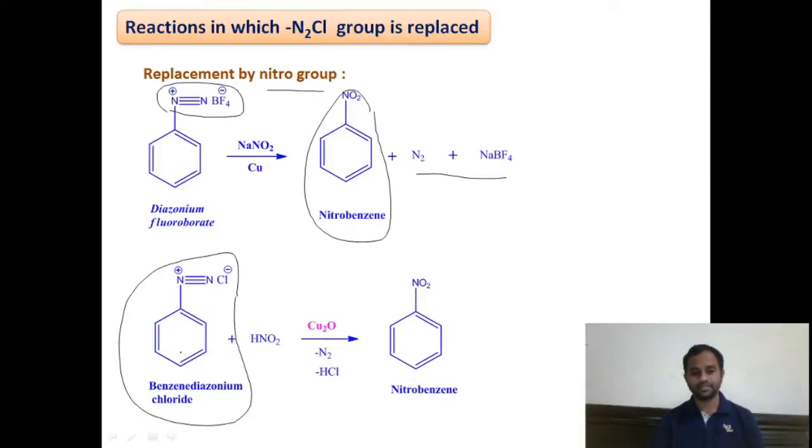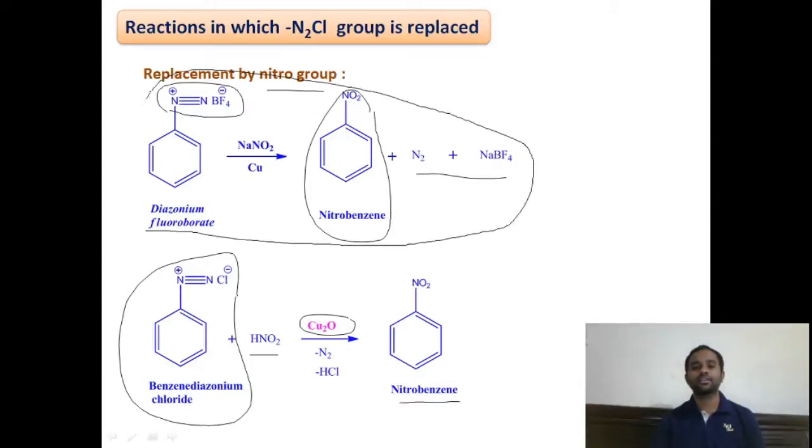That is, here benzene diazonium chloride is treated with nitrous acid in presence of cuprous oxide. We will get the nitrobenzene. If we take diazonium fluoroborate, we have to follow this condition, right? And if benzene diazonium chloride is taken, we have to use these reaction conditions, that is nitrous acid in presence of cuprous oxide.